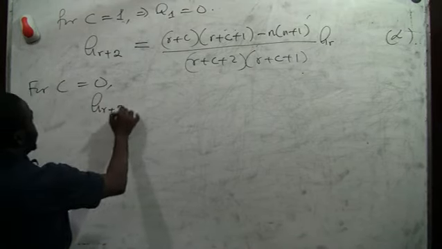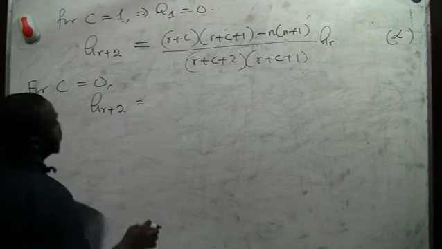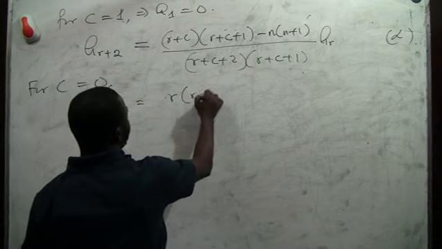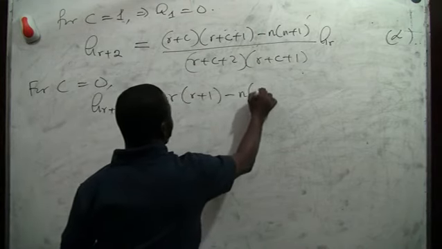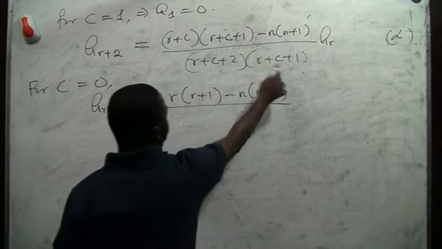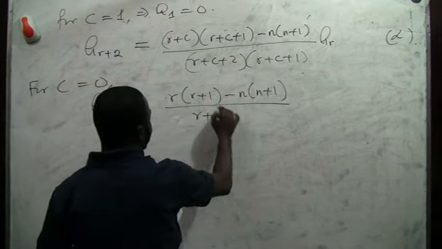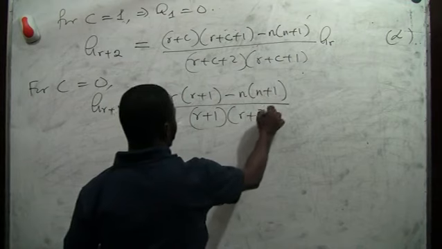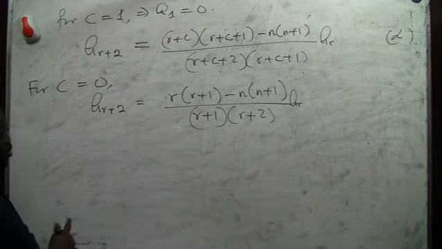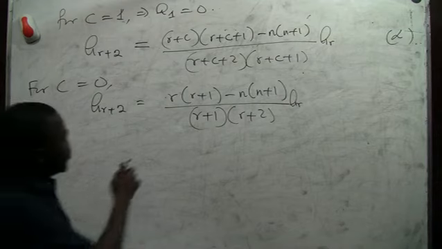A(R+2) becomes, I have R into R plus 1 minus N into N plus 1, all divided by R plus 1 and R plus 2 AR. Let us factorize the numerator.